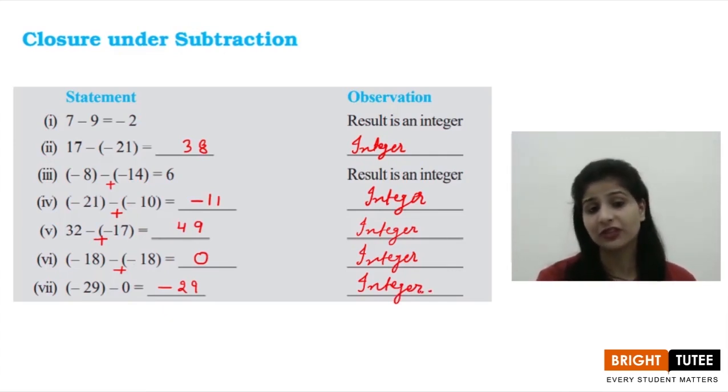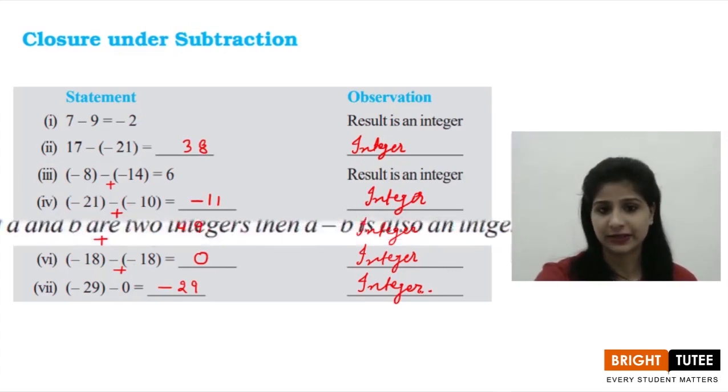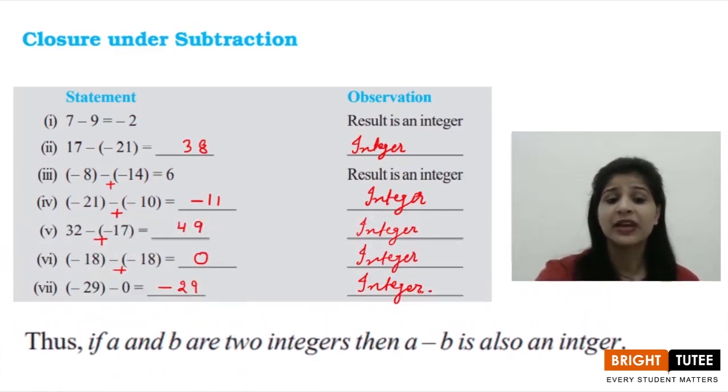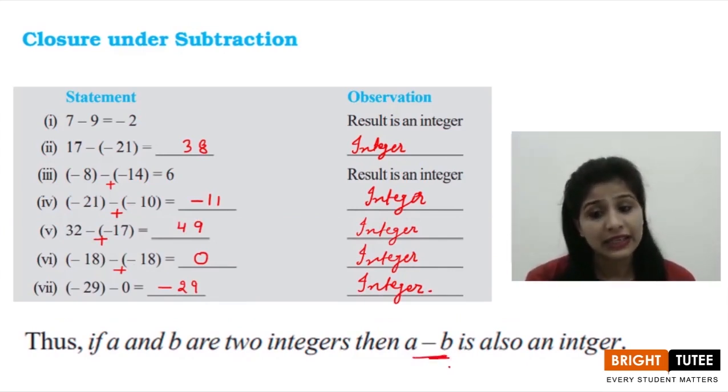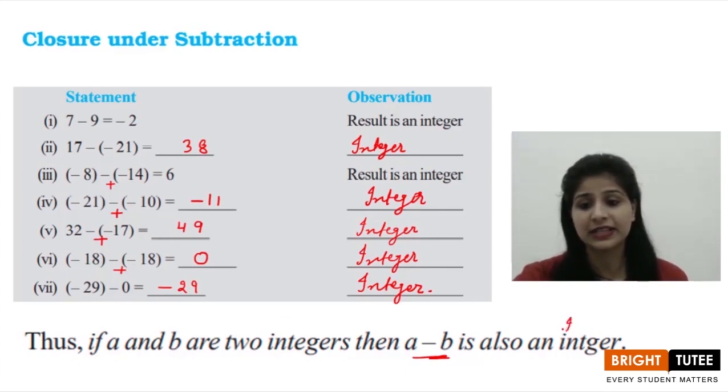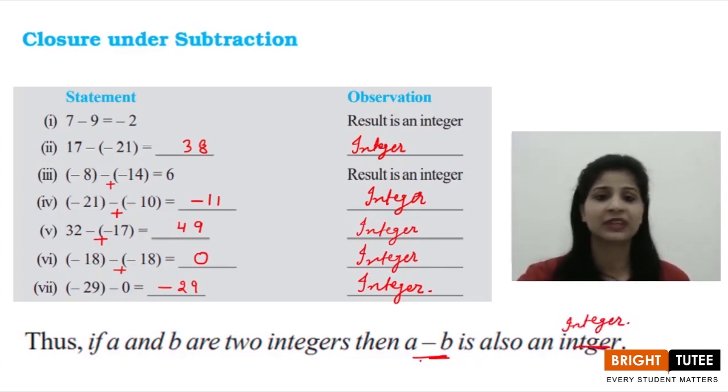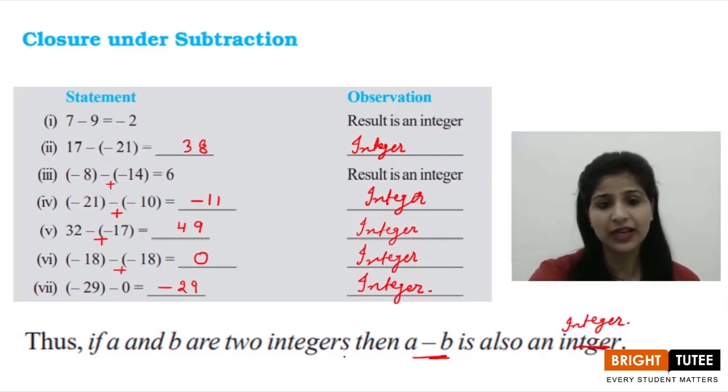Students, what we have observed is that whether we subtract positive, negative, or one positive and one negative integer, we are always getting the answer as an integer. We can say if a and b are two integers, then a minus b is also an integer. Clear?